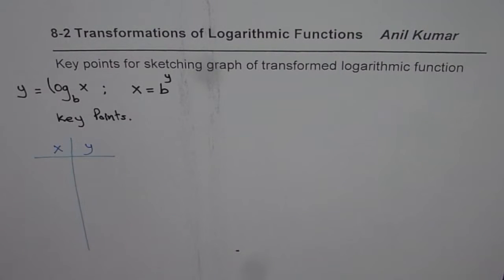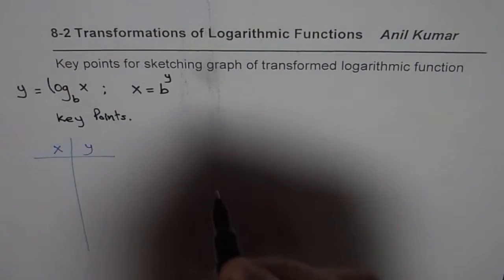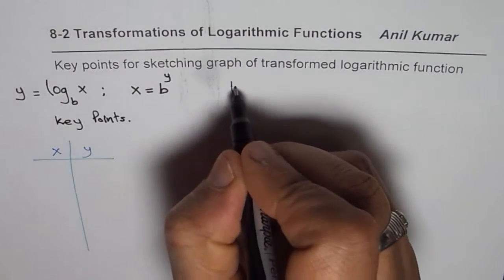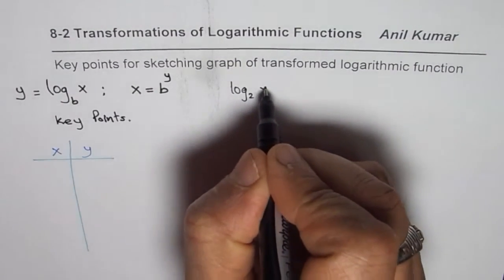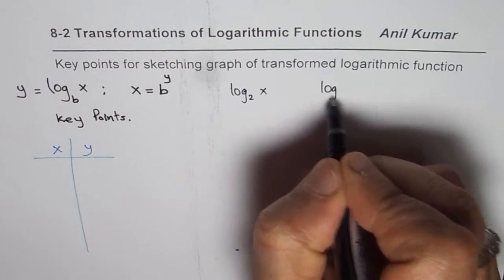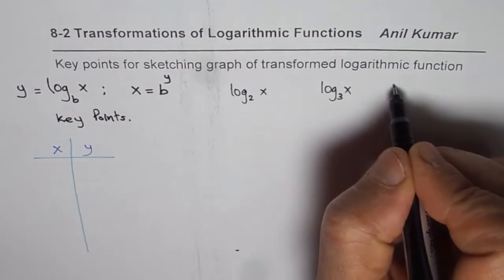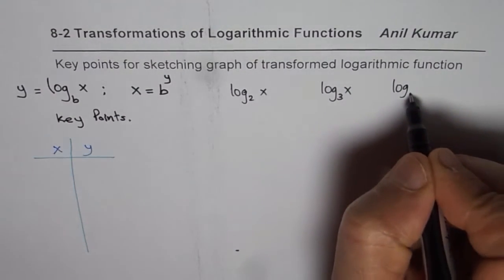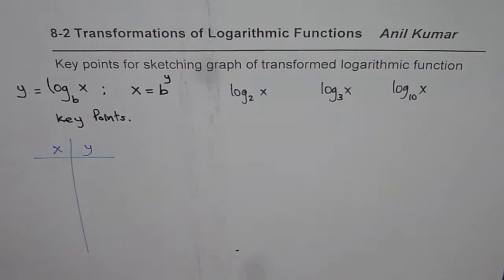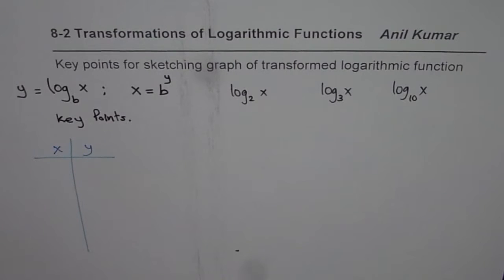Any function means, I'll give you examples, let us say, log to the base 2 of x, we can have log to the base 3 of x, we can have log to the base 5, let's say 10, of x. Any function, right? So I'll give you key points for all those after we discuss this.